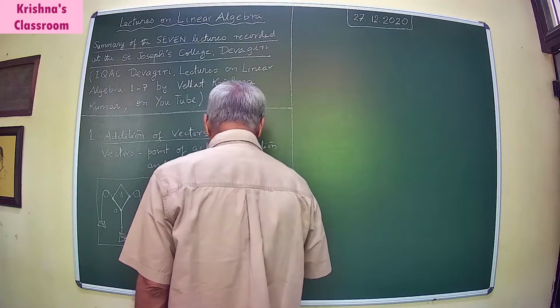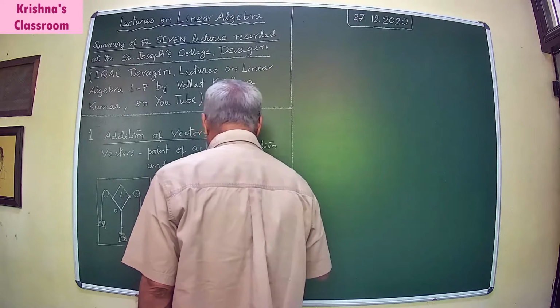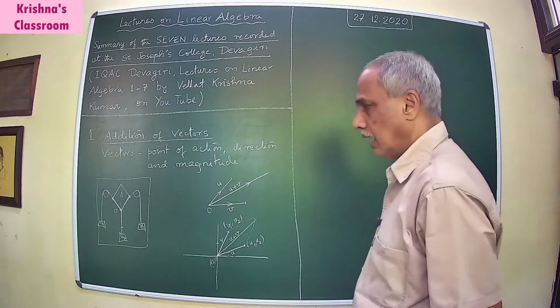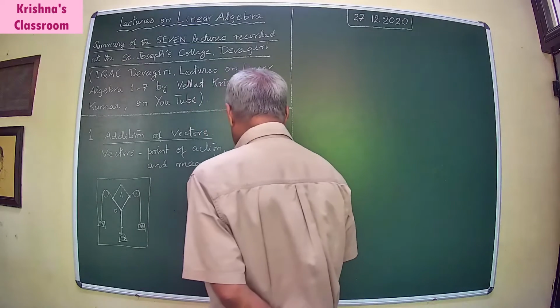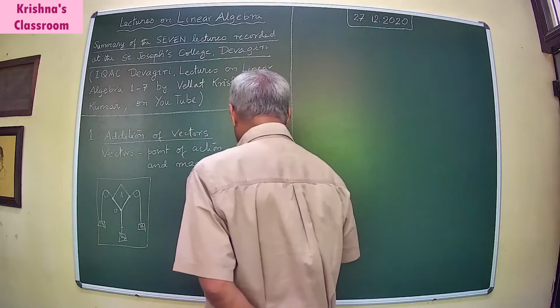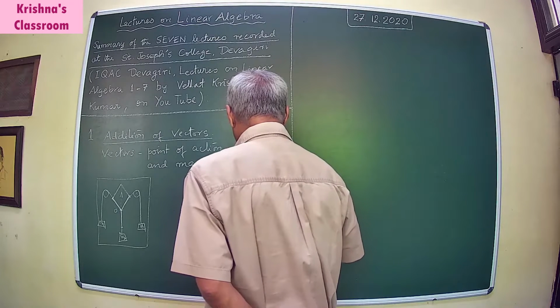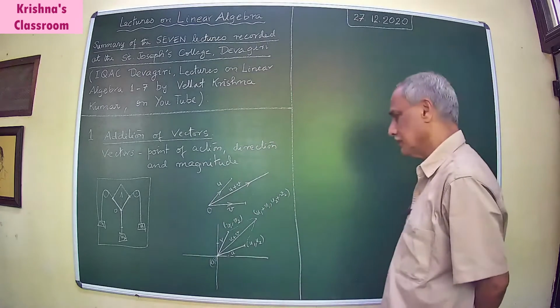The question that you ask is, what are the coordinates of u plus v? A little bit of elementary geometry tells you that this point has coordinates u1 plus v1, u2 plus v2. This can be proved using geometry.